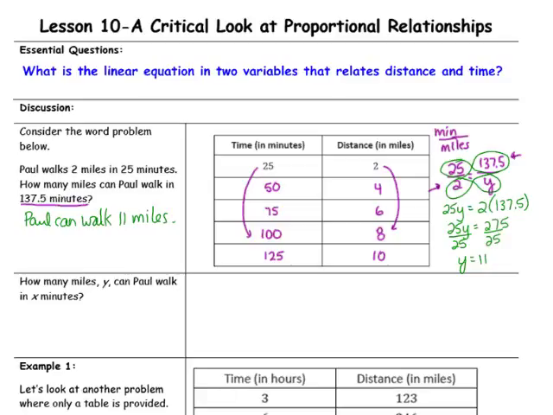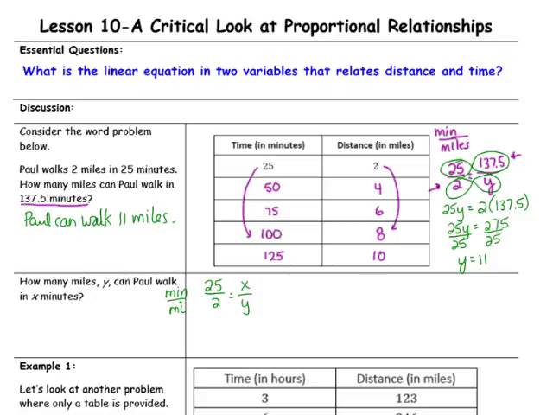Let's start with that. 25 over 2, where 25 represents the number of minutes and 2 represents the number of miles. x over y is the ratio comparing the number of minutes to miles. x represents the number of minutes, and y represents the number of miles. This is a proportion. However, it is also a linear equation in disguise.